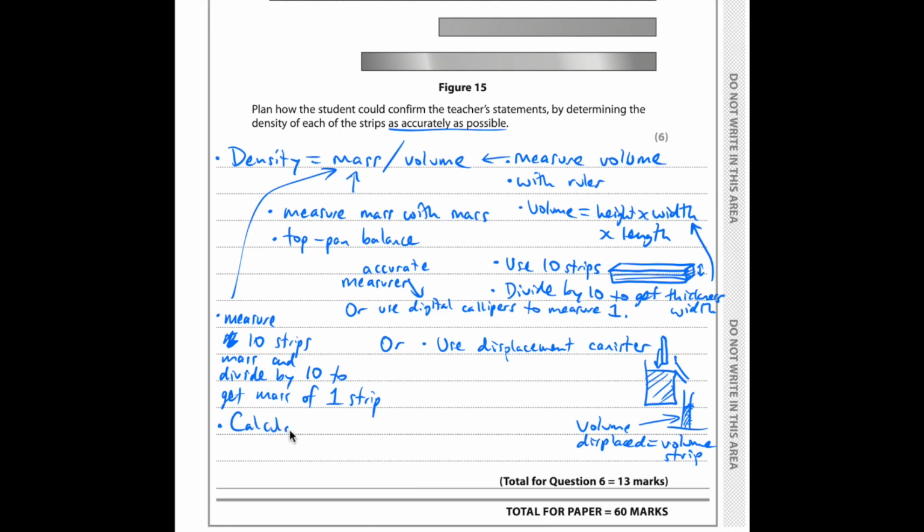So first calculate density by doing density equals mass over volume, and then compare the calculated value with the teacher value to see if it was right, and then repeat with the other strip.